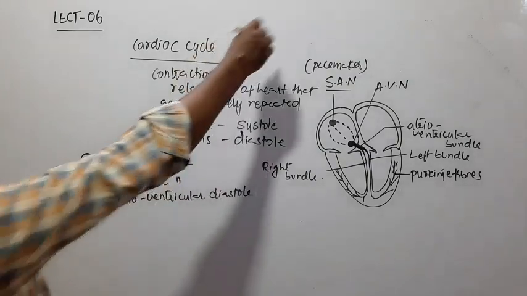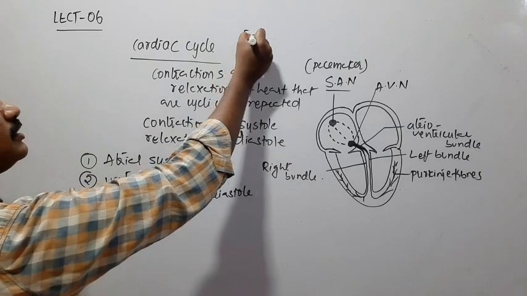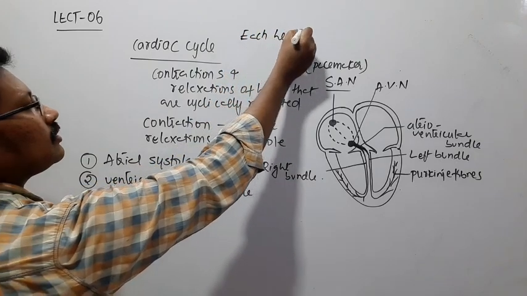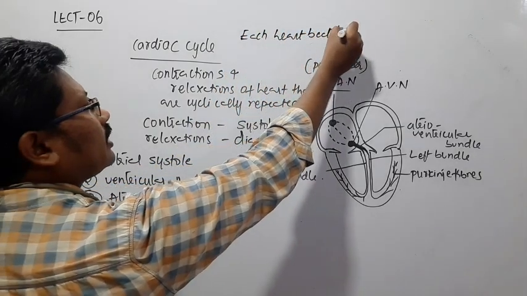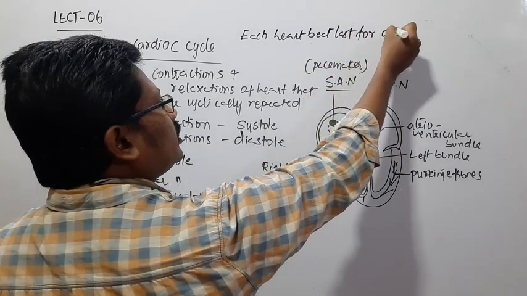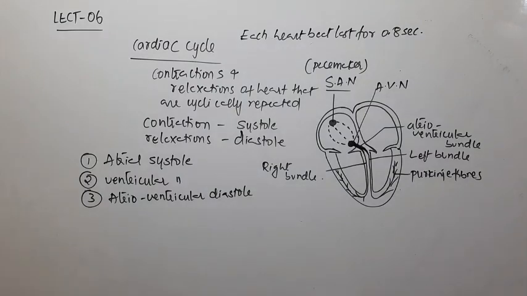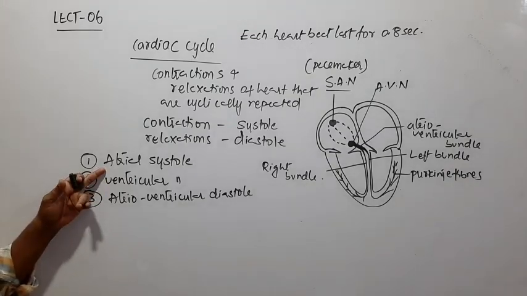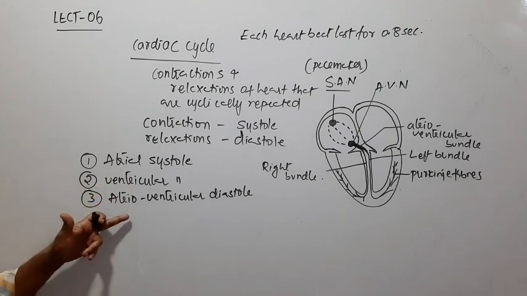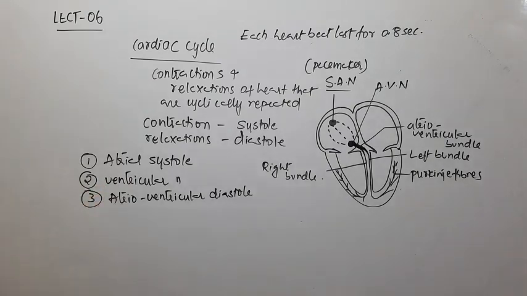Each heartbeat lasts for 0.8 seconds, and I'm going to divide that 0.8 seconds for the atrial systole, ventricular systole and atrioventricular diastole.